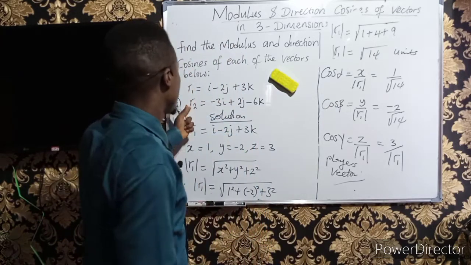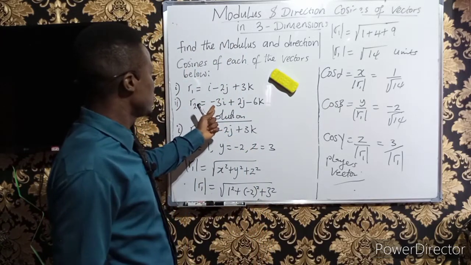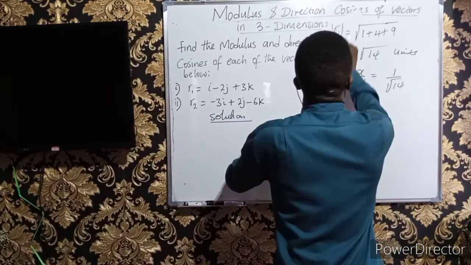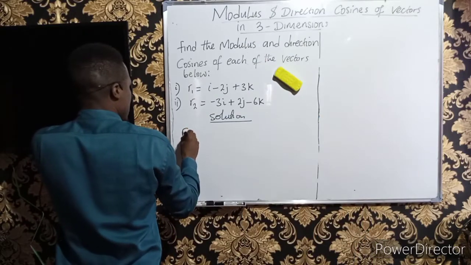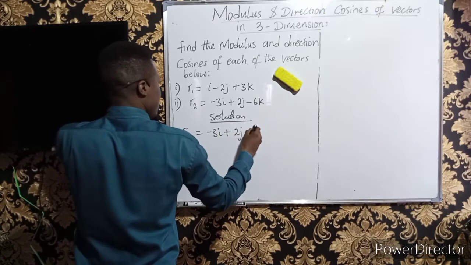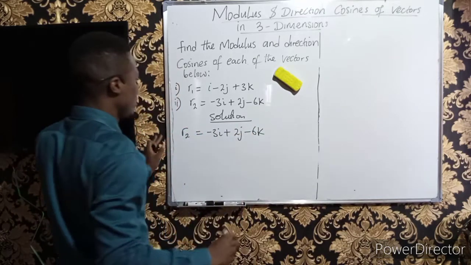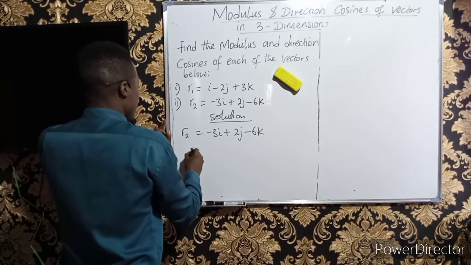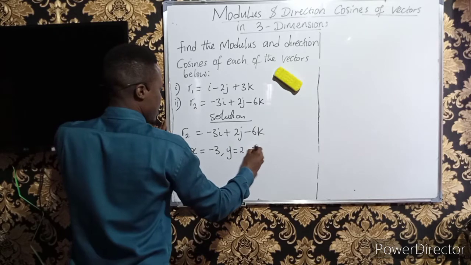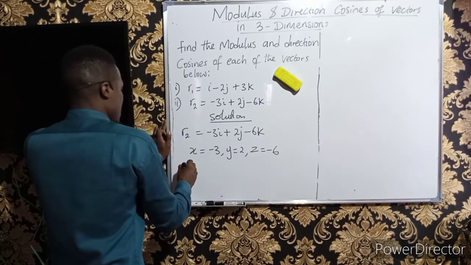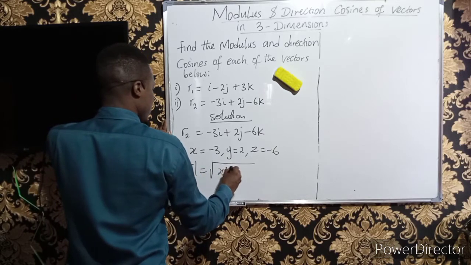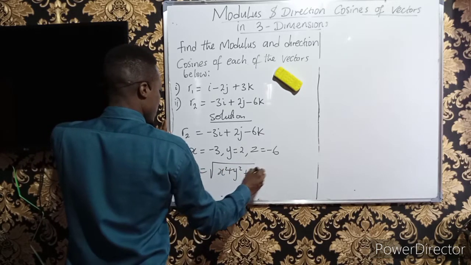Okay, so let's take the second question where we have that R2 is equal to negative 3i plus 2j minus 6k. Now my x is negative 3, my y is just 2, my z is negative 6, and the modulus of R2 will give me the square root of x squared plus y squared plus z squared.